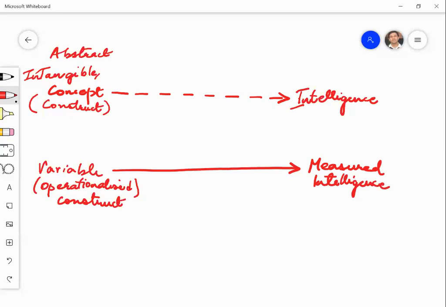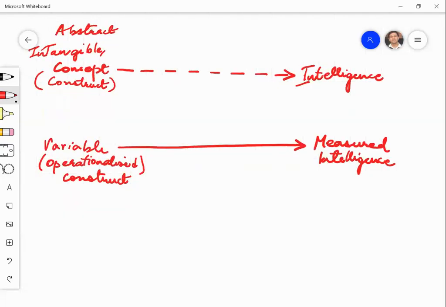Now, what happens, especially in our discipline, is we show that there is a difference between these two lines. There is a difference between the actual construct and the measured construct, and this difference is denoted by what we call the measurement error.